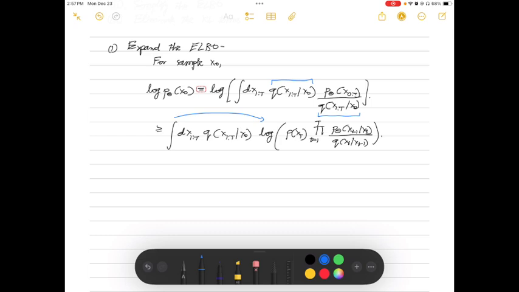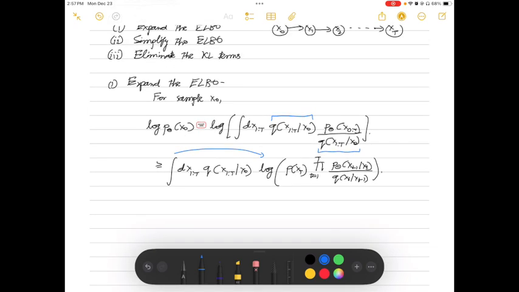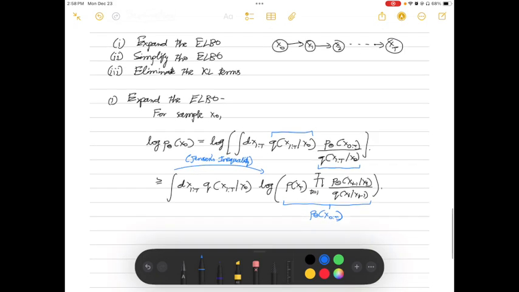Right, so we applied Jensen's inequality, and then we plugged in the formulation of the joint distribution corresponding to p theta x 0 to T. This was Jensen's inequality, and this was the joint distribution that we derived in the previous section.